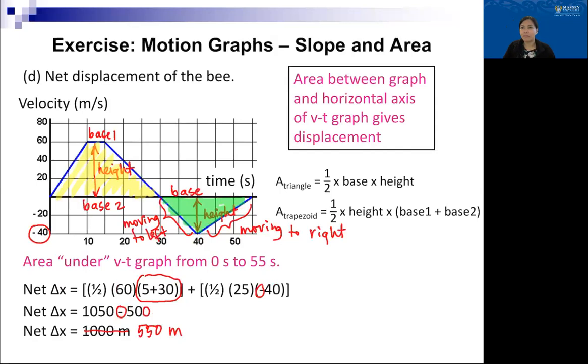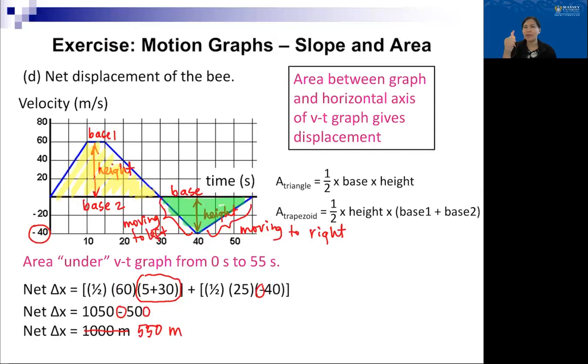Yeah, good. All right. Sorry about that. Yeah, I was missing a 0 there. So the net displacement is 550 negative.